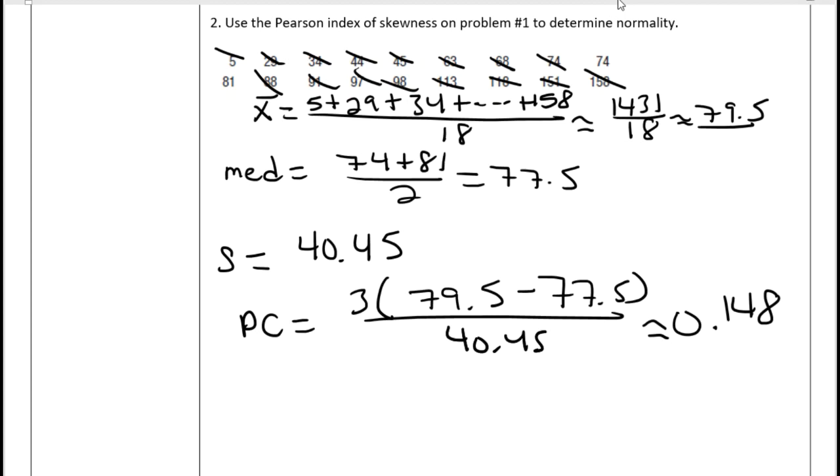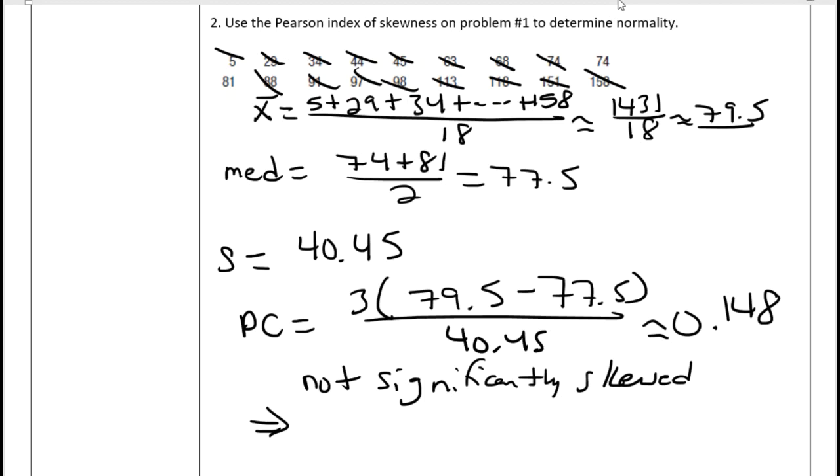Which is pretty small, so that means this is very close to 0. Since it's close to 0, it's not significantly skewed, which means the distribution is approximately normally distributed. Which is kind of verified by our histogram.